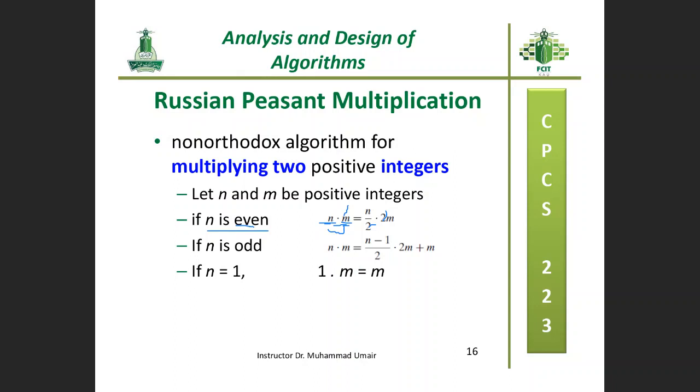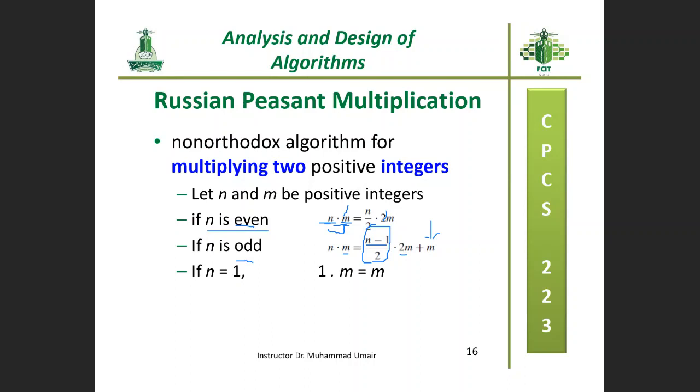And if n is odd, then what do you have to do? Subtract 1 from n, because being odd you cannot make it half exactly. So n minus 1, and divide it by 2. Again you are making half. Then multiply 2 into m, that is doubling a value, and add the value of m.